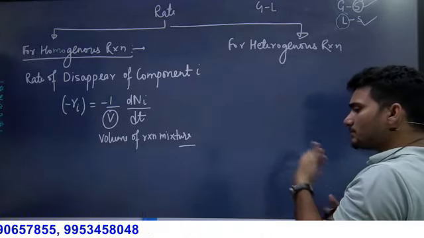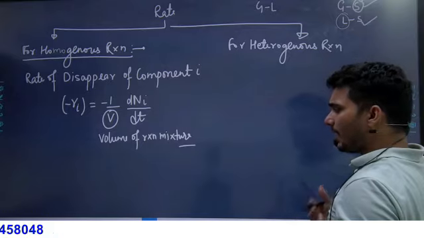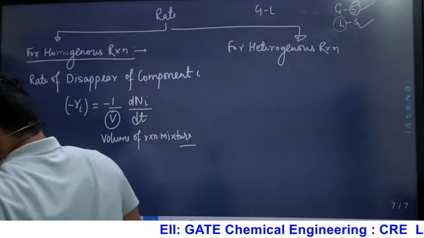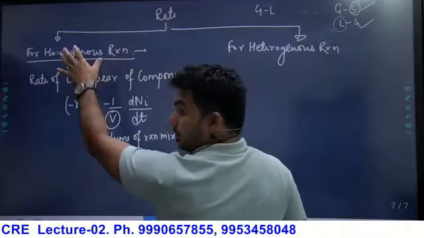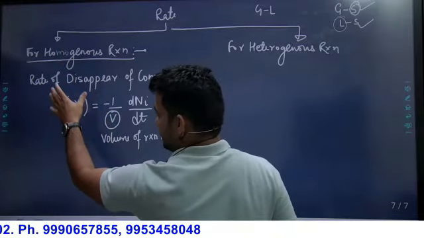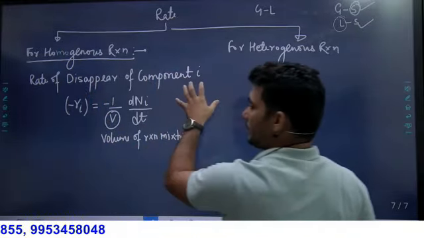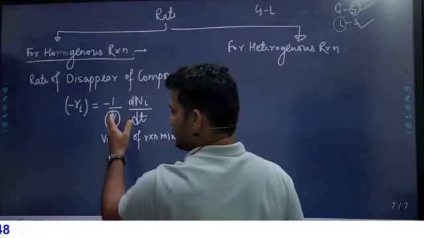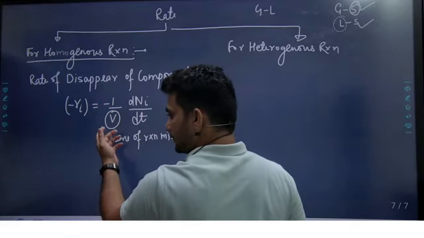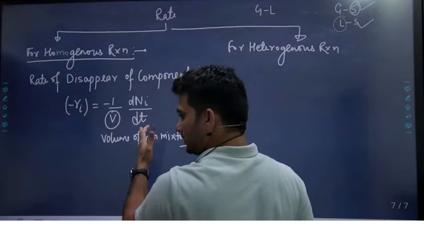So just to define the rate, let's see. The rate for homogeneous reaction, I am writing, is the rate of disappearance of component I, minus Ri, equals minus 1 by volume of reaction mixture dNi by dt. Get this point?